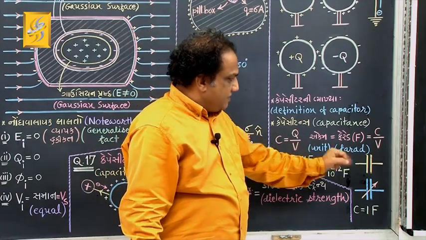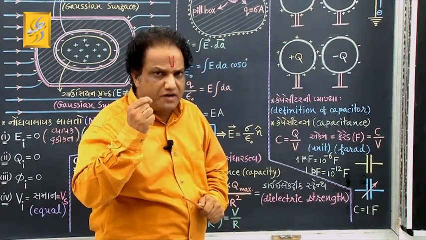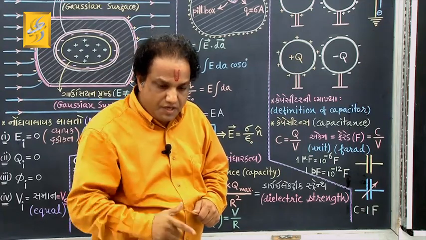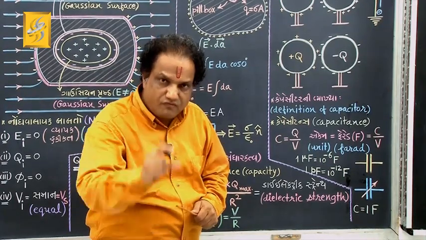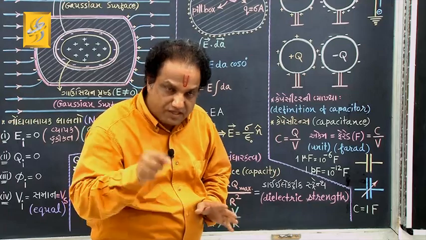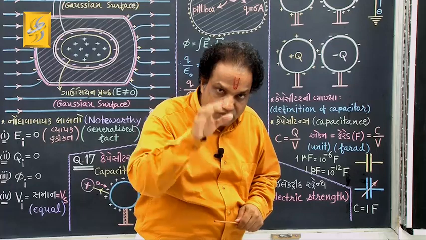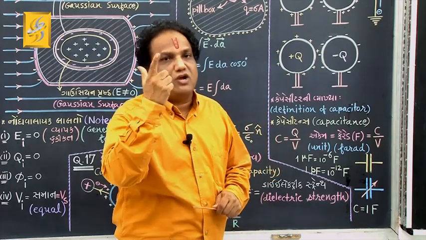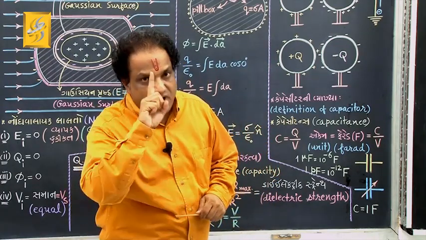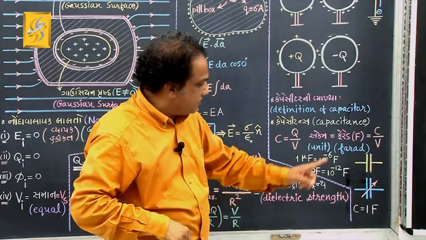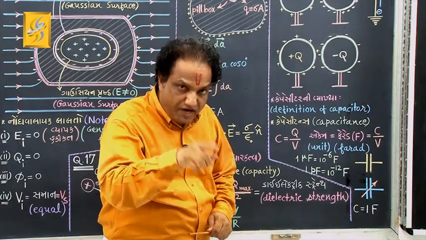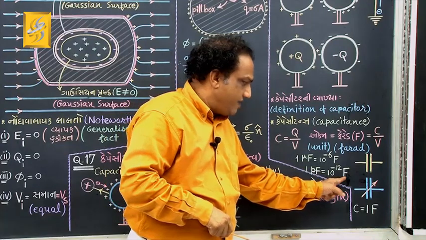In practice, we find this farad unit quite big, very large. In practice, we have very small values of capacitance as compared to farad, and that is why we prefer to use very small units, say microfarad and picofarad. 1 microfarad is 10 raised to minus 6 farad, 1 picofarad is 10 raised to minus 12 farad.